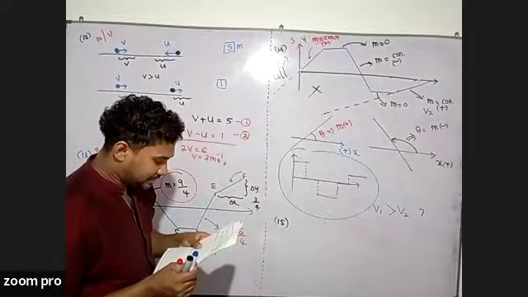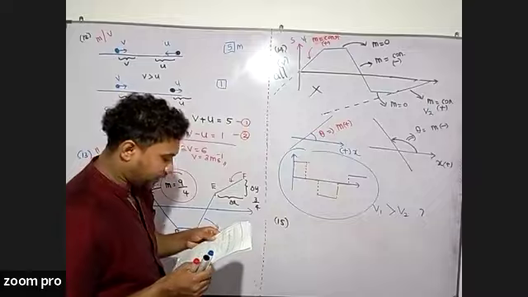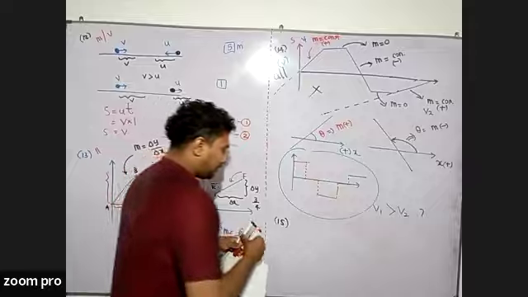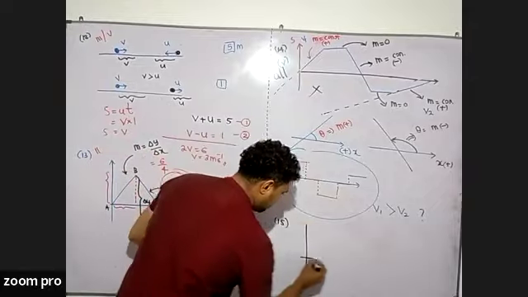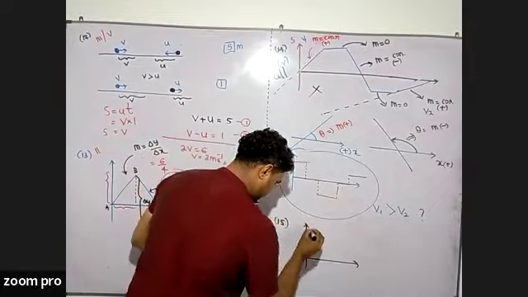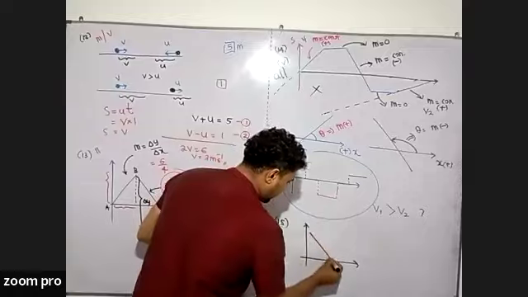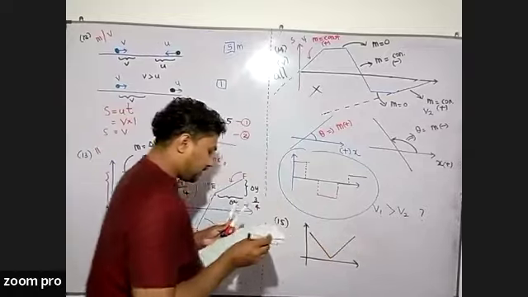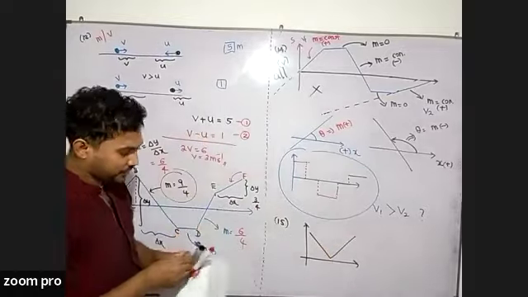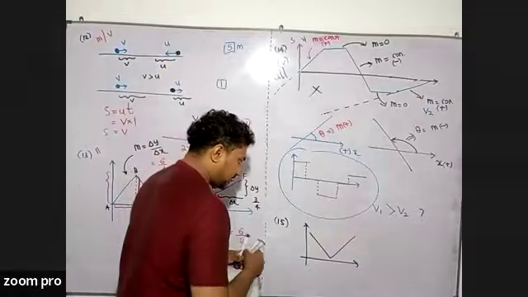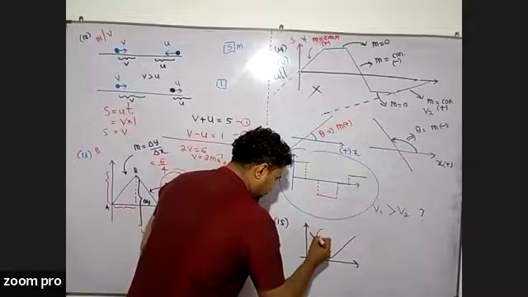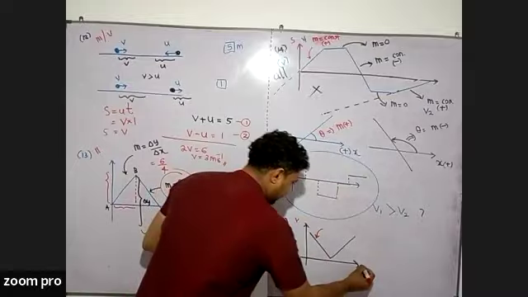Right. So in this 15th question, you are given a velocity-time graph, and you have to draw the relevant displacement-time graph, right? In this instance, let's figure out what happened to the velocity.